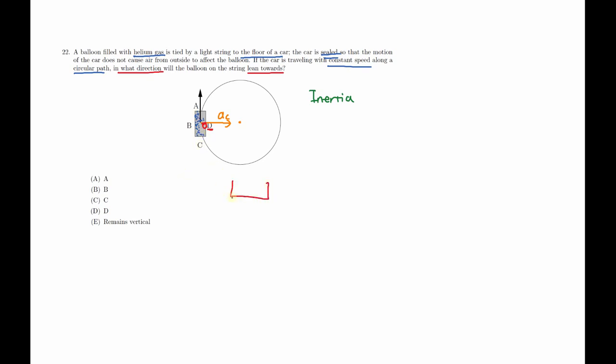Imagine the B side here, and you have water here, and say you have something like a helium balloon, and it's easy to see that this helium balloon is going to float up here, right? So it's the same concept. So eventually the helium balloon is going to move toward the D side of our car, so the answer must be D.